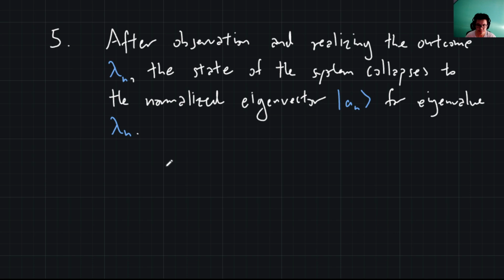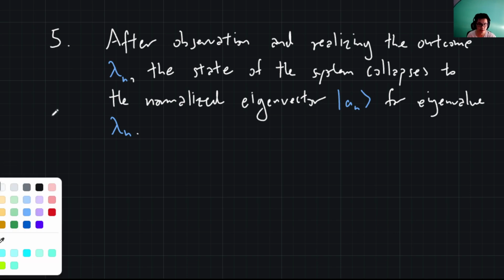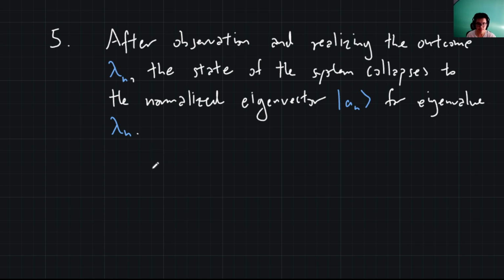So here is an example of the plus state. So let's say we have a system in the one state, and we want to measure it in the x basis. So what are the eigenstates of x? It's namely the plus state and the minus state.